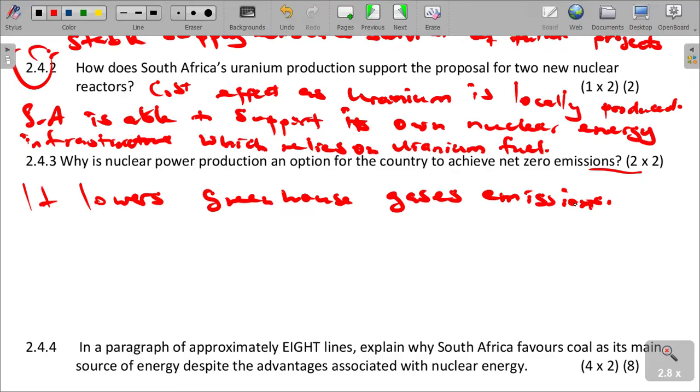And then we can also talk about minimal land footprint. It results in a minimal land footprint.